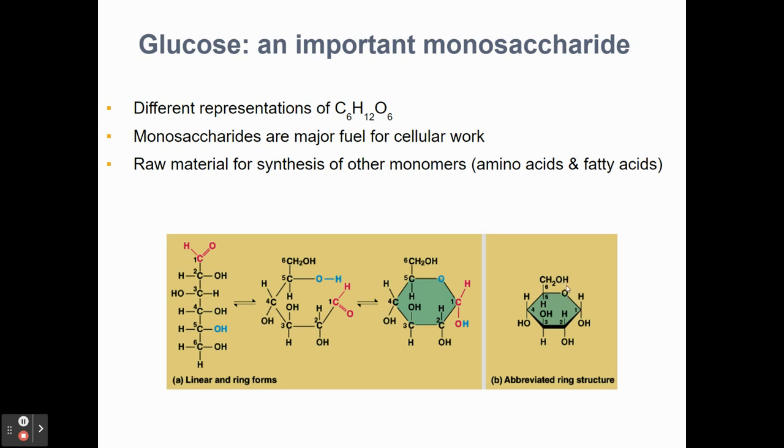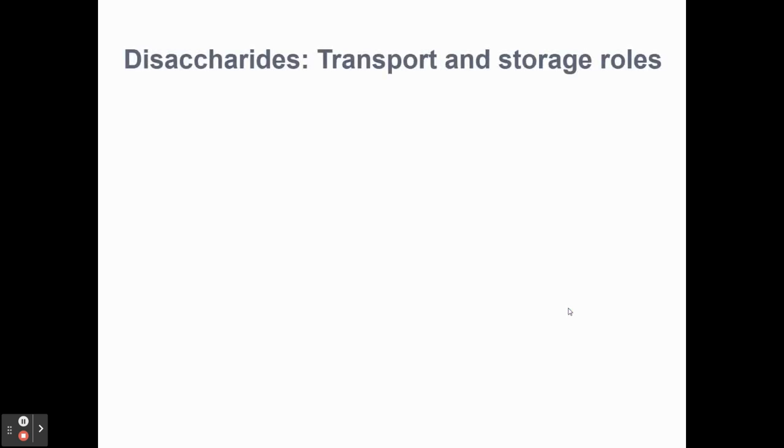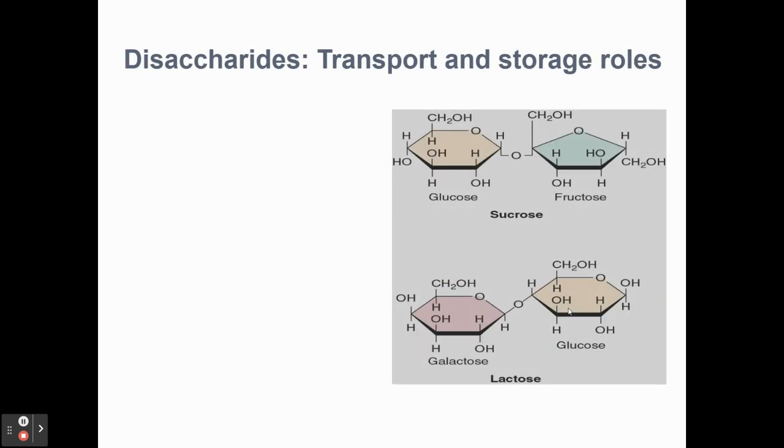There is an oxygen right here. You have to become familiar with these types of models, and do remember, if you see a hexagon with 6 sides, then that is a glucose molecule.